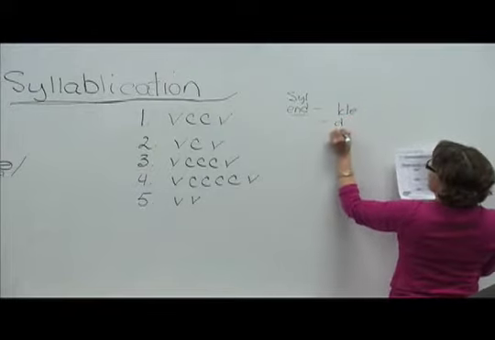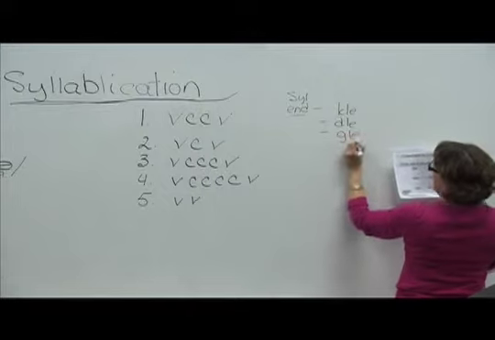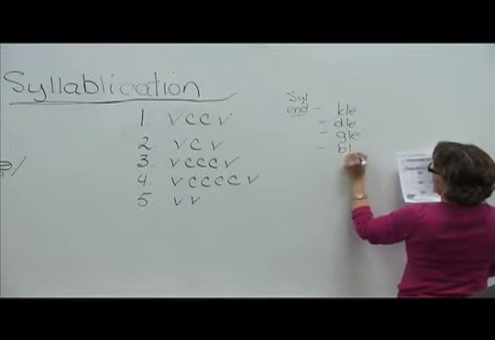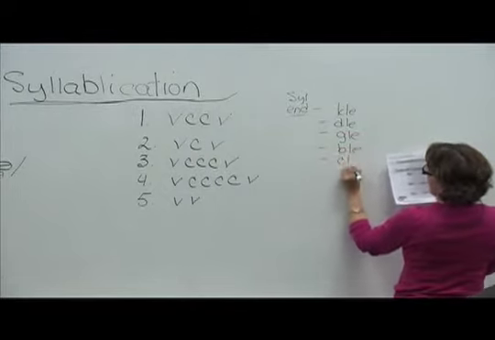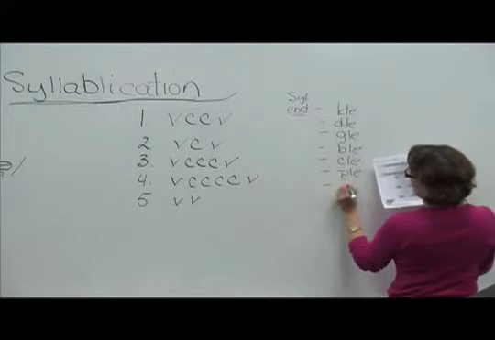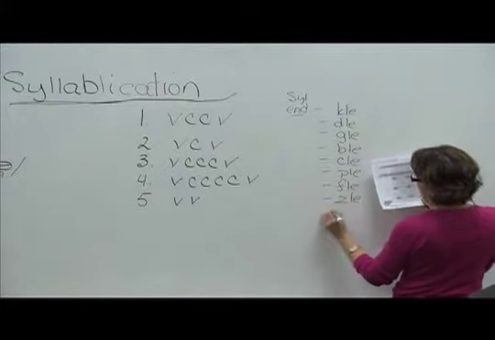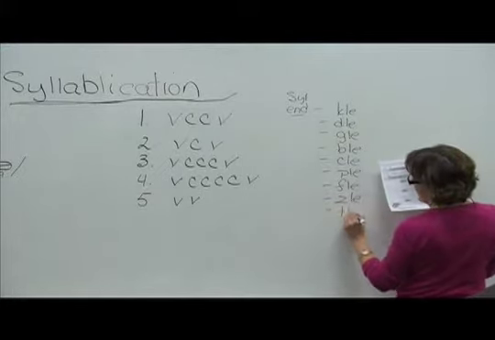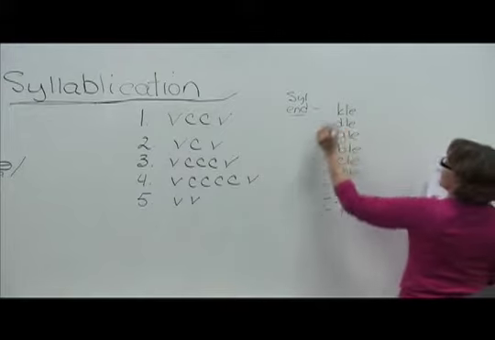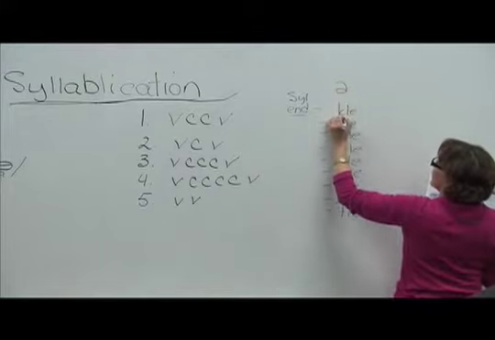Another one is D-L-E, G-L-E, B-L-E, C-L-E, P-L-E, F-L-E, Z-L-E, and T-L-E. All of these represent the schwa sound.